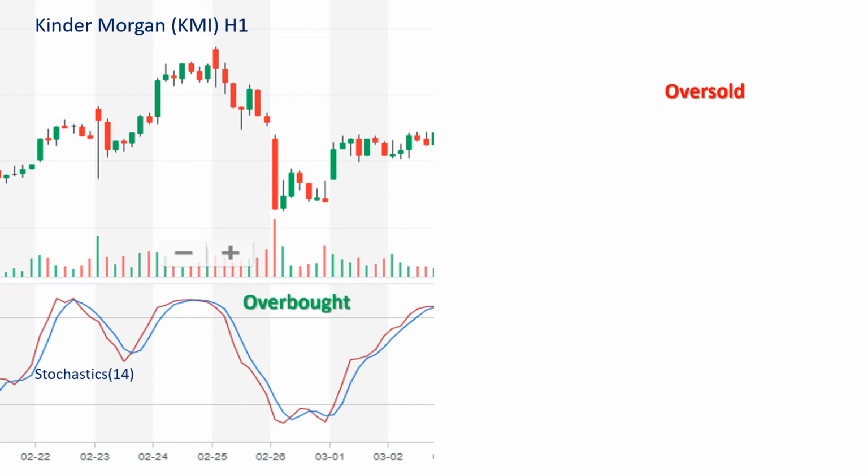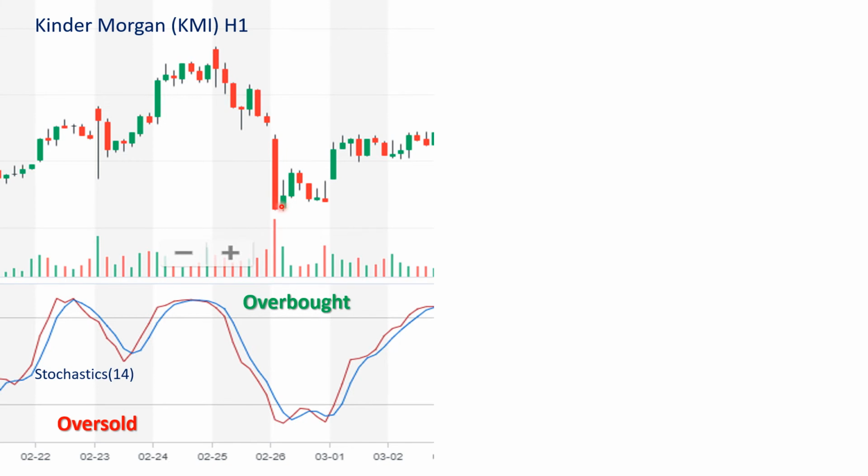These are overbought and oversold areas. Here the trader already bought a share and he's in the market, and he saw that this trend is going downward. So he said, I better exit the market here because I'm going to lose lots of money.